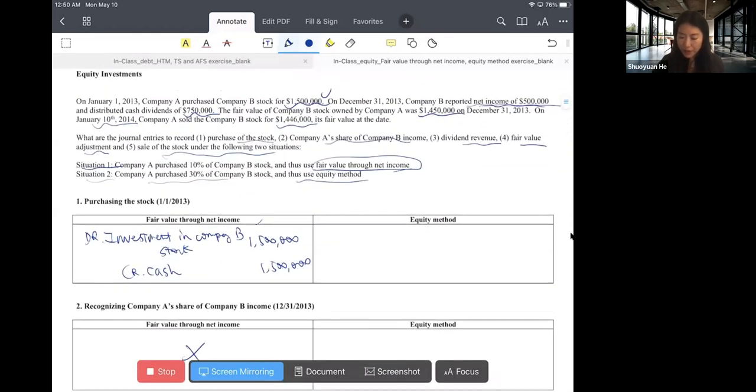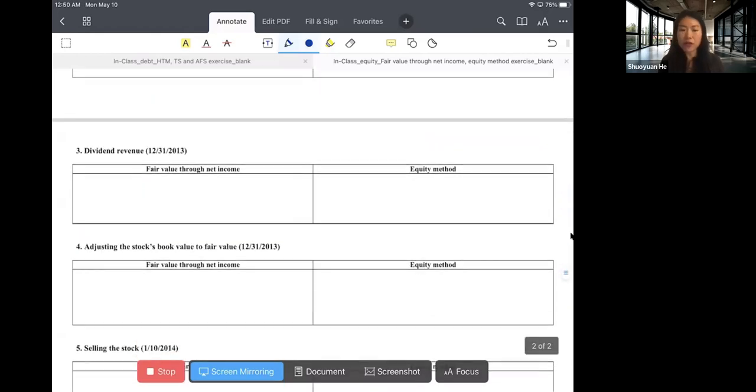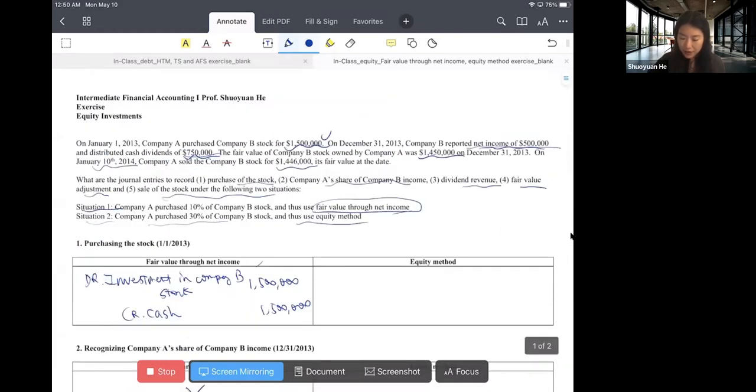And when company B paid out a dividend of 750,000, under the fair value through net income method, the journal entry is to debit cash because we get cash. The cash dividend is 750,000, and because company A owns 10% of company B, we multiply it by 10%.